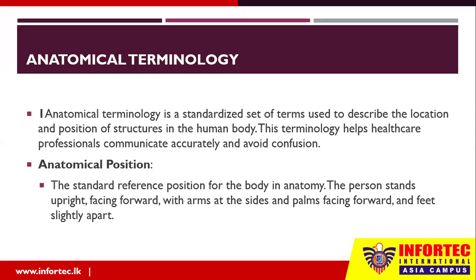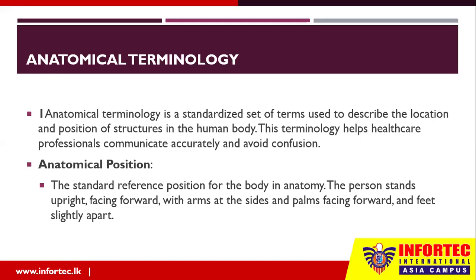Before we proceed with organs and organ systems, now I'm going to describe the terminology, because in order to understand and identify the structure and function, especially the structure of these organs and organ systems, it is essential to know about this anatomical terminology, right?